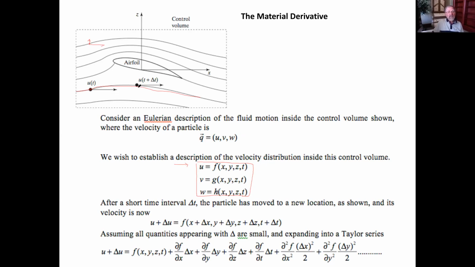So we can claim, based on the same equation here, that u plus delta u is going to be equal to the same function, but now with delta x, delta y, delta z, and also the time. We have deltas, which is very logical. So assuming that this distance is very small and the time is very small, we can have some kind of a Taylor expansion.